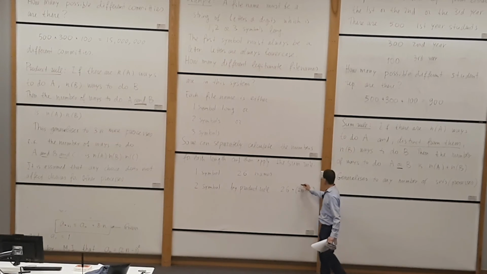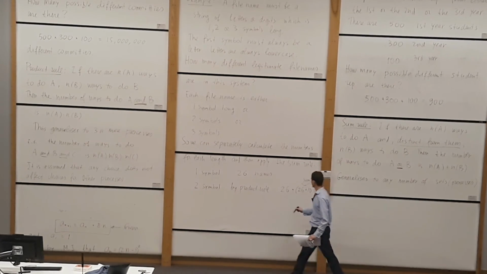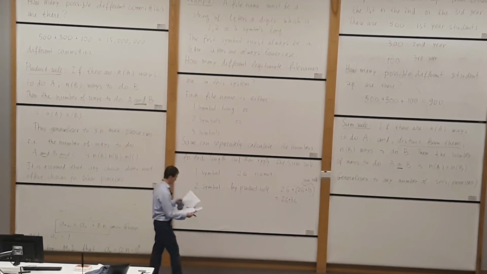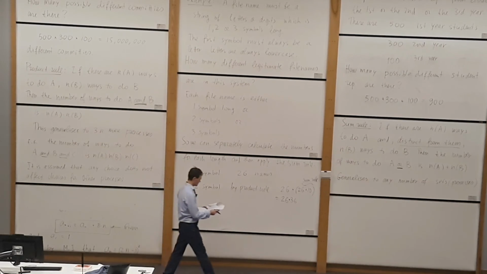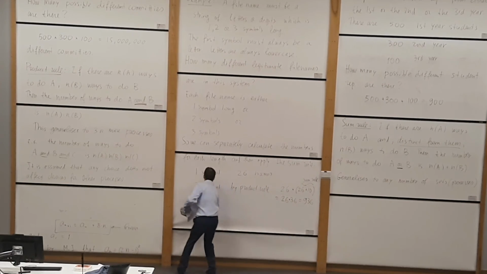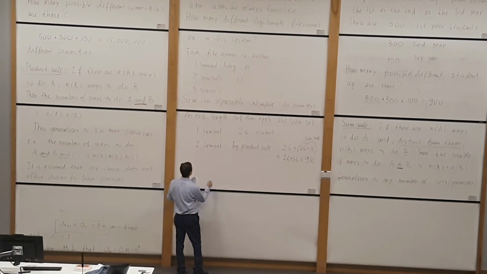So that's yet again the sum rule, using it again. And that gives me 26 times 36 choices, which is 936. These are all possible two-symbol file names.